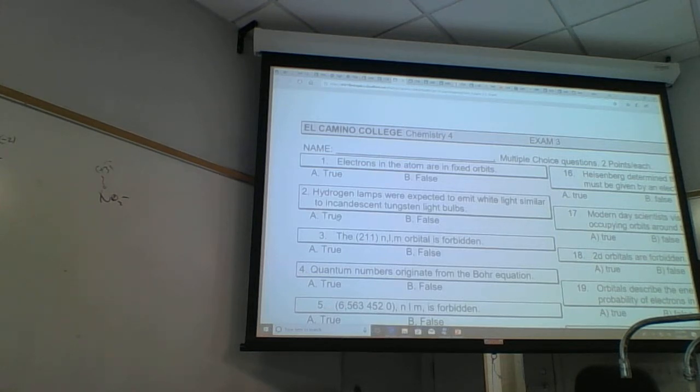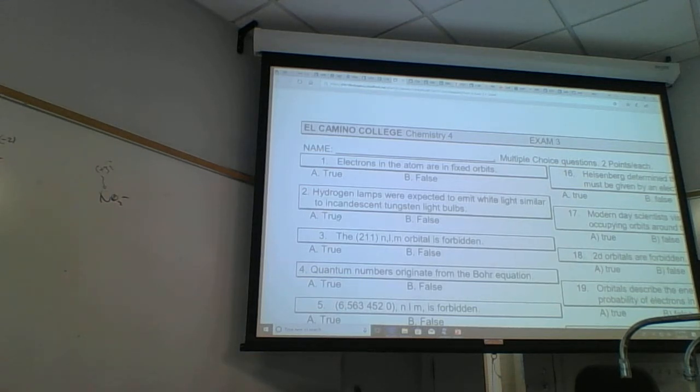They predicted that hydrogen lamps were going to emit what kind of light? What is the biggest hydrogen lamp you can think of? The sun. The sun emits what color light? This is a trick question. The sun emits all colors of light.